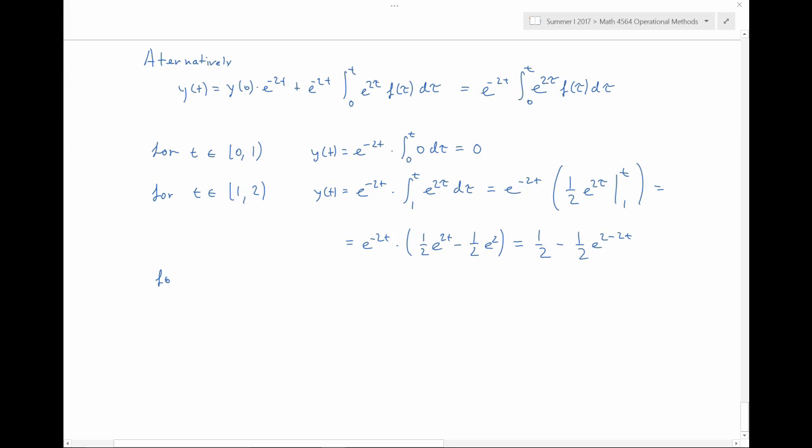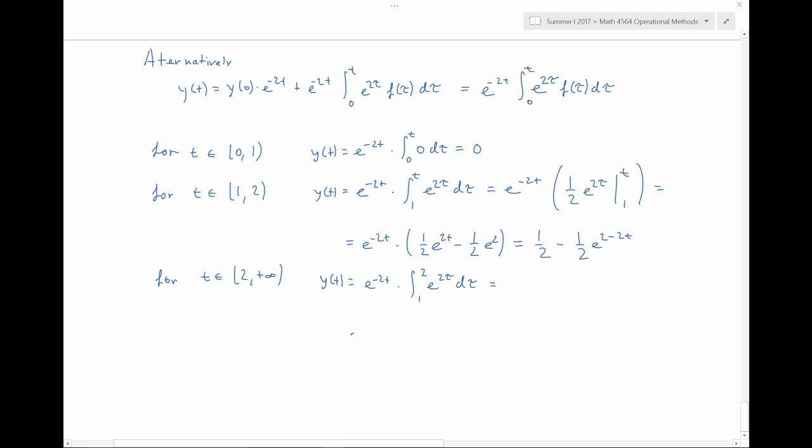For the time interval from 2 to infinity, the integration is only going to be performed from 1 to 2. So we get y of t is e to the minus 2t times the integral from 1 to 2 of e to the 2 tau d tau.